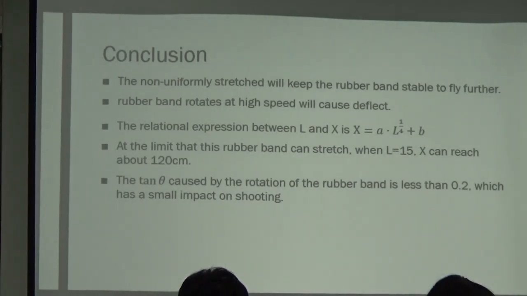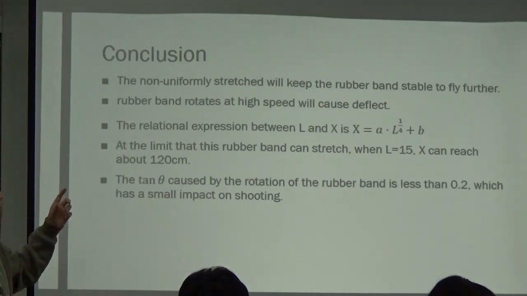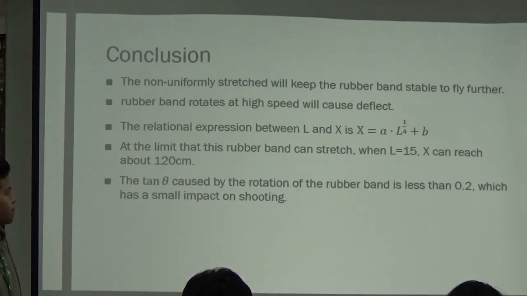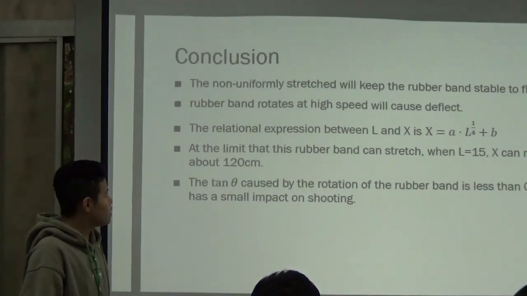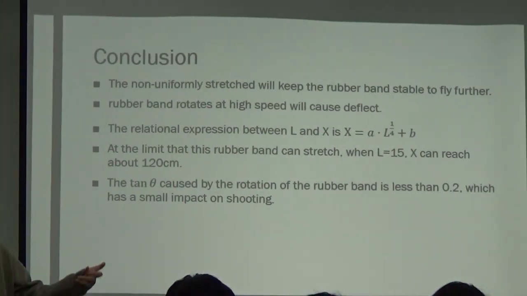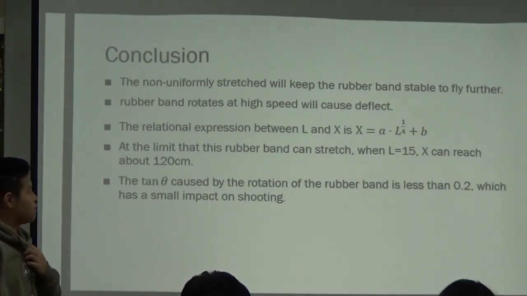So this is our conclusion. The non-uniform state will keep the rubber band stable and fly farther. The rubber band at high speed will cause defect.